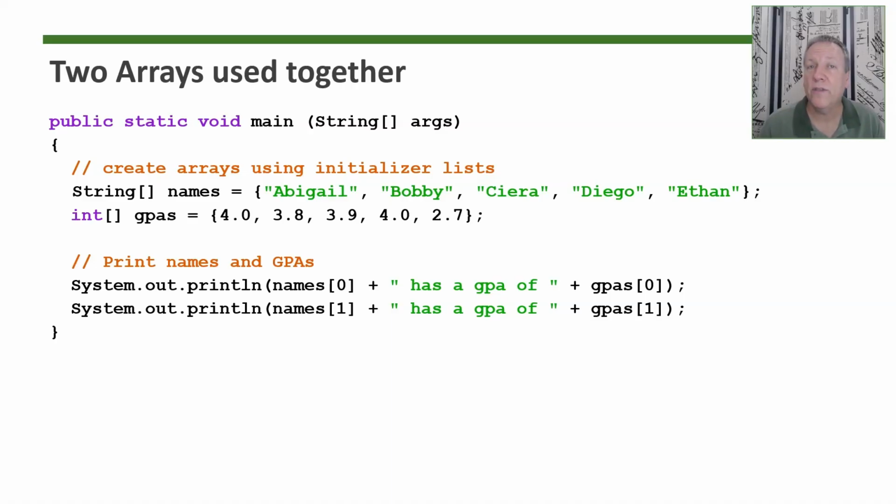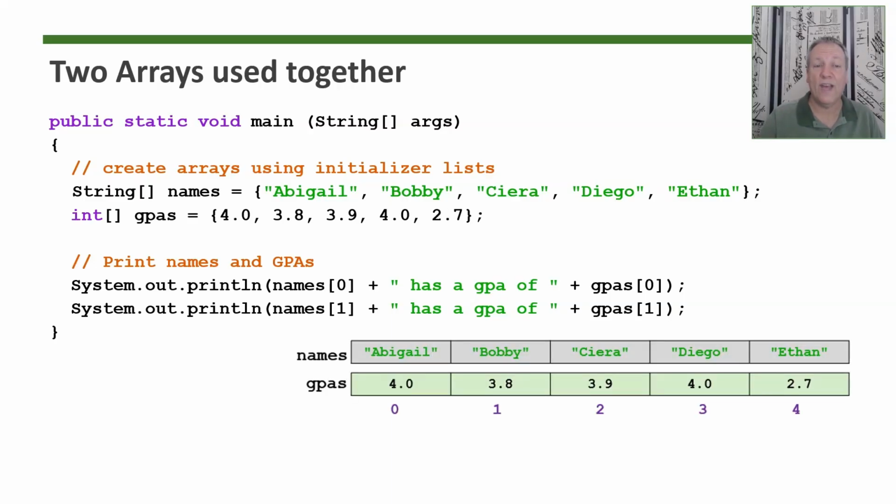So then you'll notice in my print line statements, again, how we can access those individual elements. I said to print names bracket 0, and then has a GPA of, and I print out GPAs bracket 0. So here, with these parallel arrays, I can print out corresponding names and corresponding GPAs for each element in the array. I also printed out names bracket 1 has a GPA of GPAs bracket 1.